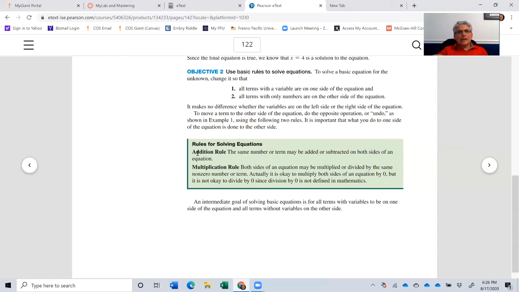If you're going to be adding or subtracting, then you must do it to both sides of the equation. The multiplication rule: both sides of an equation may be multiplied or divided by the same non-zero number or term. Actually, it is okay to multiply both sides of an equation by 0, but it's not okay to divide by 0, since division by 0 is not defined in mathematics.